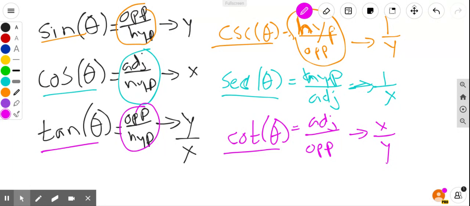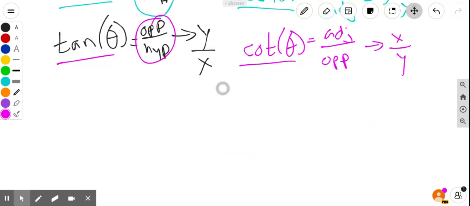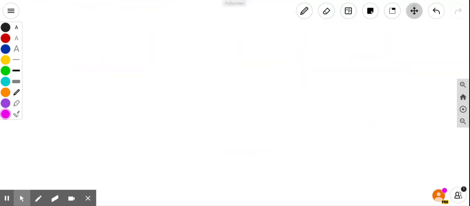All right. So let's work through an example real quick to show you how to use all the information I'm giving you. Let's say that we have a problem like this.